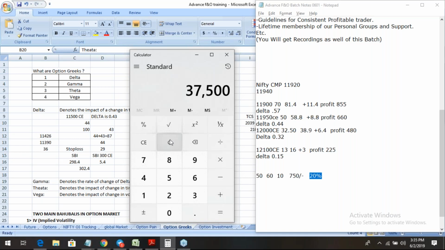Because if you don't show losses... again I'm saying, you have to show your daily P&L to someone in your family or your colleague. If you're an intraday trader, you have to show daily profit and loss to someone. Why am I saying this? Because if you're making some mistake, you think I have to show someone, so you don't make this kind of mistake.